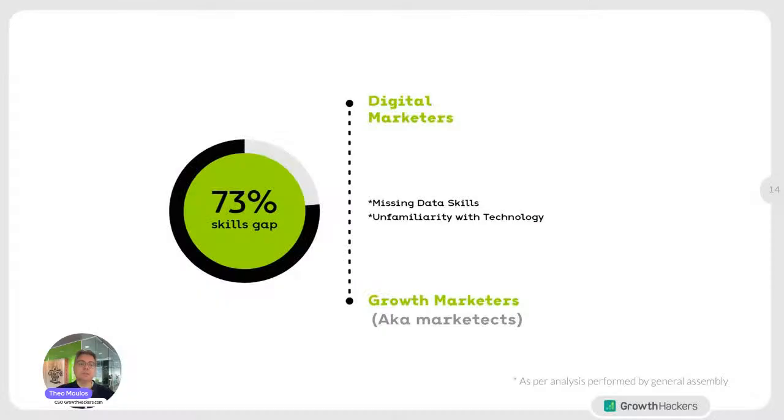Okay, and then we keep saying quite often that the difference between digital marketeers and growth marketeers, or marketects as they call us, is nothing more than familiarity with technology and data skills. Because at the end of the day, having different platforms working together makes a lot of sense if you collect the numbers and accumulate them together, because your ecosystem and your micro-monopoly need to be analyzed not only based on the single property, but also all the properties together.